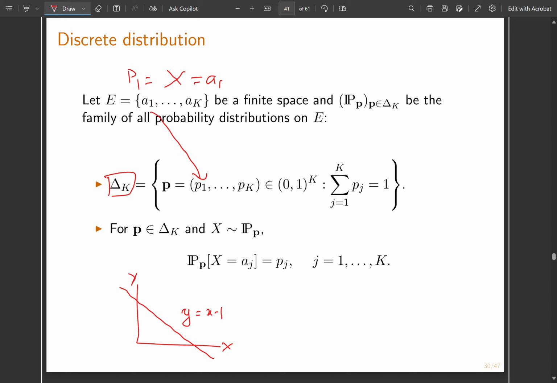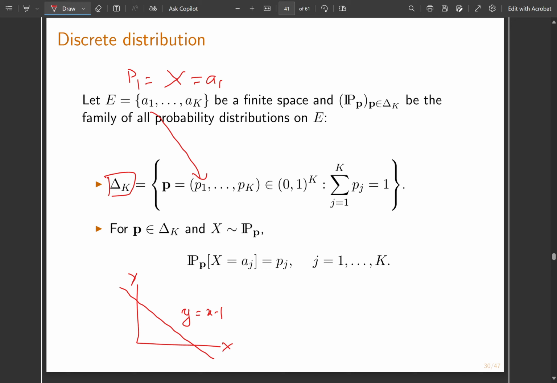Now, let me quickly summarize what we learned today. We learned about a discrete distribution, a discrete distribution with sample space E, which had a1 through ak realizations of some random variable x, and there's a probability of x taking each of the values, p1 through pk, and that sums up to equal 1.